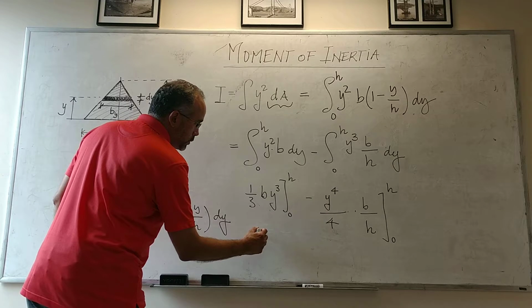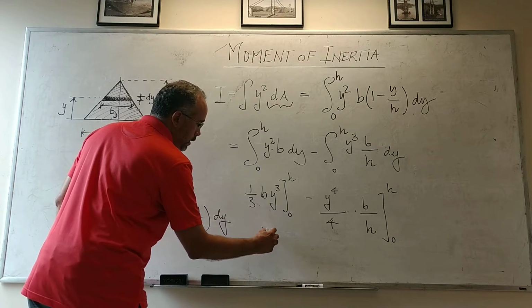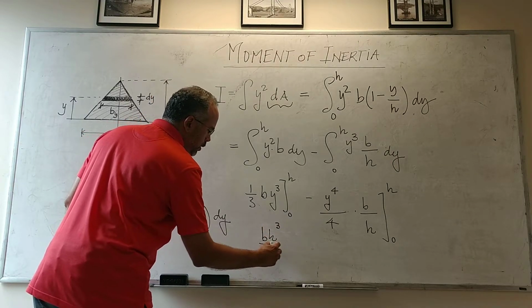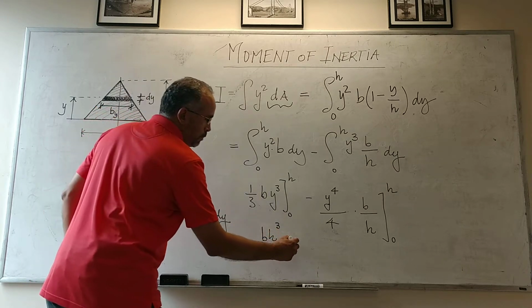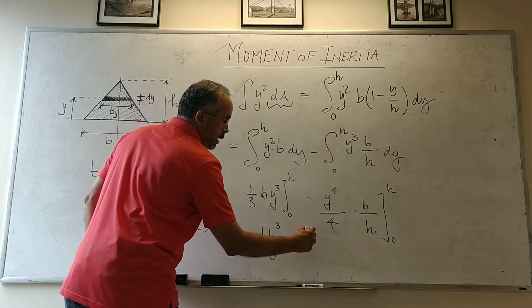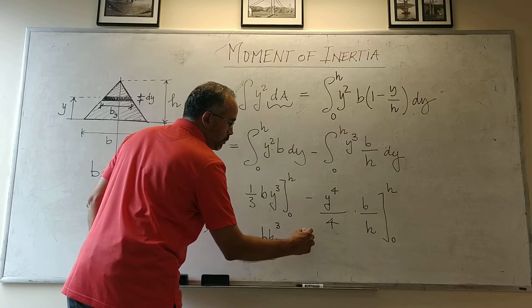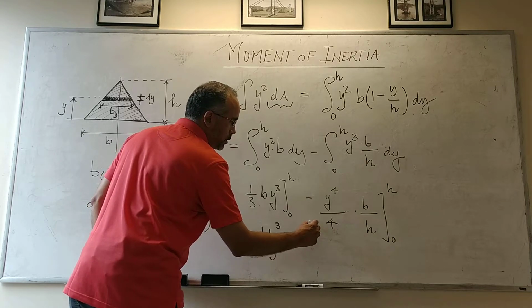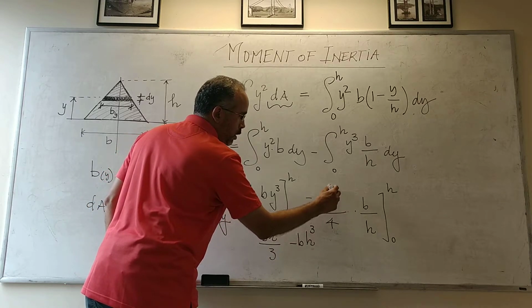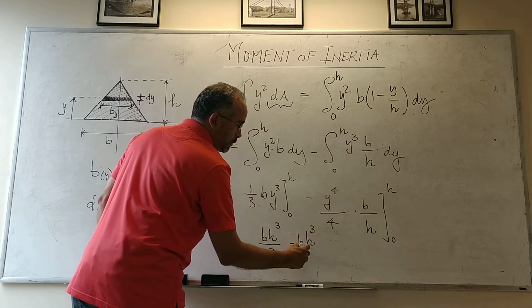This here becomes bh cubed over 3 minus bh cubed, because one of these cancels out, right?